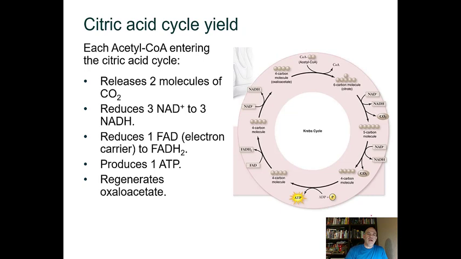Okay, so taking a look here, that's what we see here. So this is each turn of acetyl coenzyme A. We already said this is the same diagram here. You're going to release 2 molecules, but we're going to times 2 that, so really this is going to be 4. 3 NADHs, but we came up with 6 because we go twice around for each pyruvate. It says 1 FADH2, but that's going to be 2 for one glucose molecule. This is 1 ATP, but that's going to be 2 for that one glucose molecule, and we regenerate oxaloacetate.